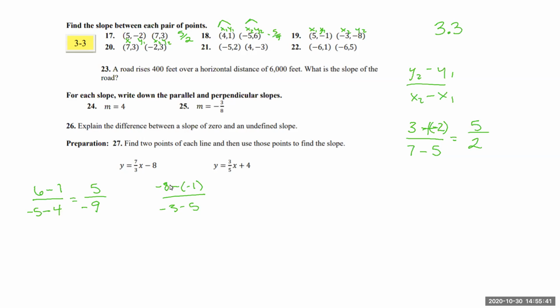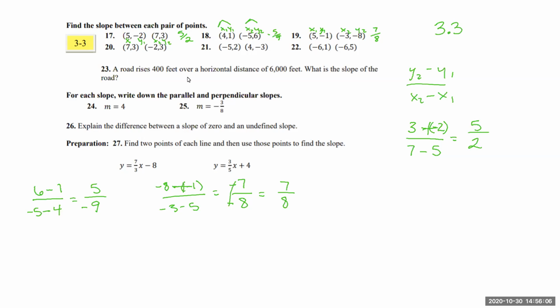So when we do this, we got a negative 8 plus 1. So when that happens, we're actually going to get a negative 7. And then on the bottom, we have negative 3 minus 5, which is going to give us a negative 8. So then that gets rid of the negatives, and we have 7 over 8 left over. So that is the answer for number 19.